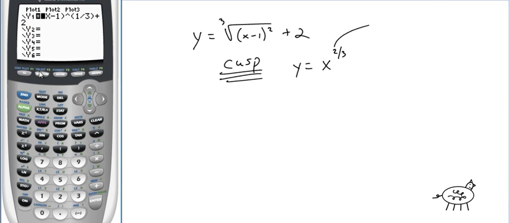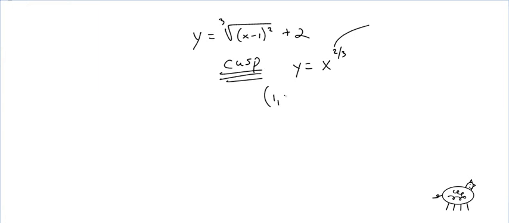Okay, so I'm going to do y equals, and the only thing I need to change here, math fans, is I need to change this to the 2/3 power. So that's it. Okay, and I'm going to do zoom 6. Look at that, nice cusp. Beautiful. All right, and then again, let's set our window because our critical value is going to be at 1, 2.